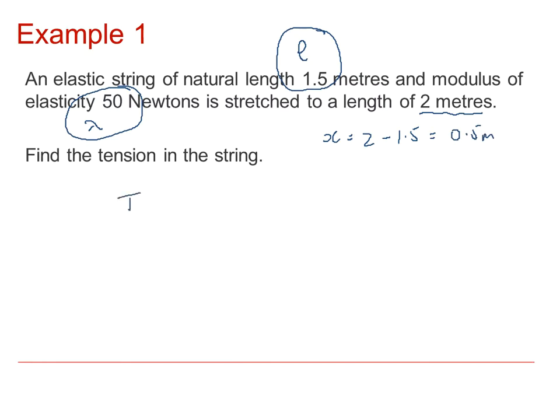The tension T is equal to lambda x over L, which is 50 multiplied by 0.5 over 1.5. That gives us 50 over 3, which to three significant figures is 16.7. This is a tension or a force, so 16.7 newtons.